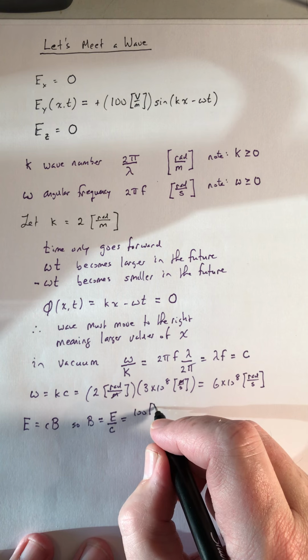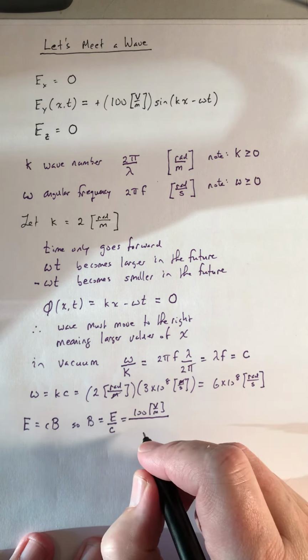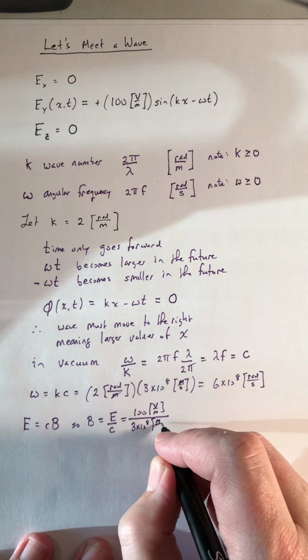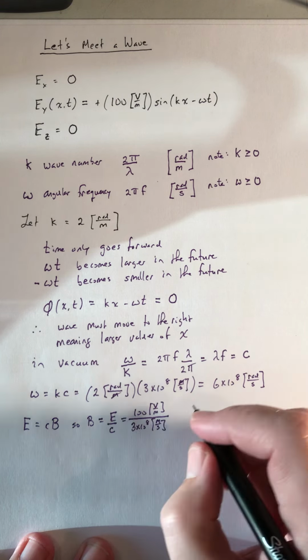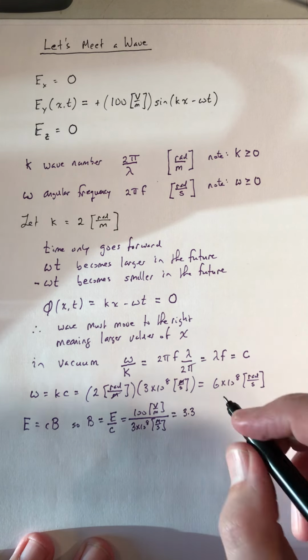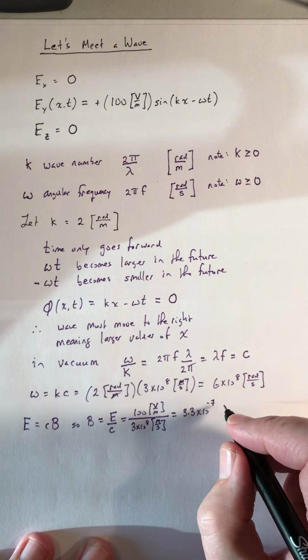So 100 volts per meter over 3 times 10 to the 8th meters per second. It's going to give us 3.3 times 10 to the minus 7.